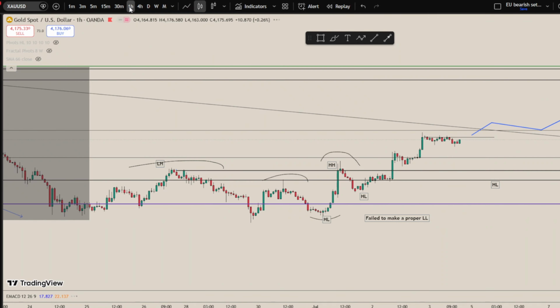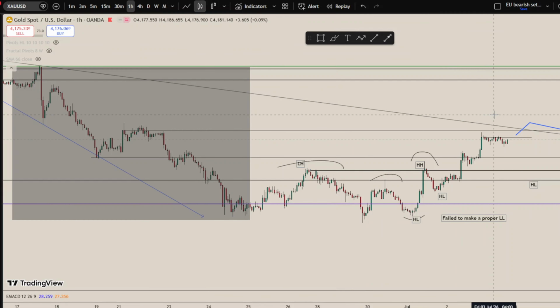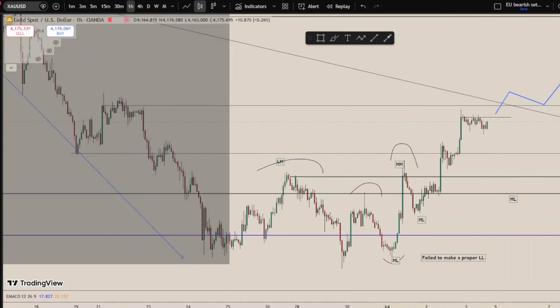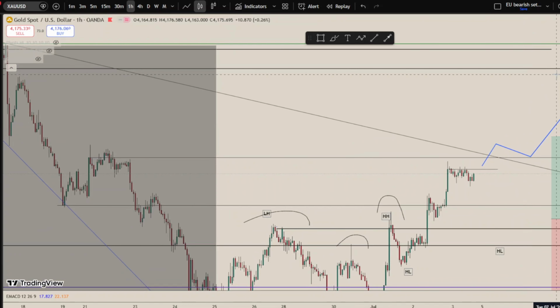Probably, if the price continues this bullish movement and respects these lows, this is the 1 hour chart. So if the price respects these support areas and keeps making higher lows, then it could continue the momentum up to here.